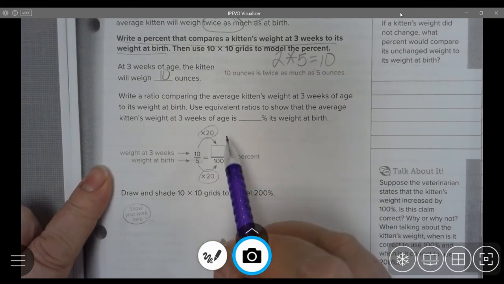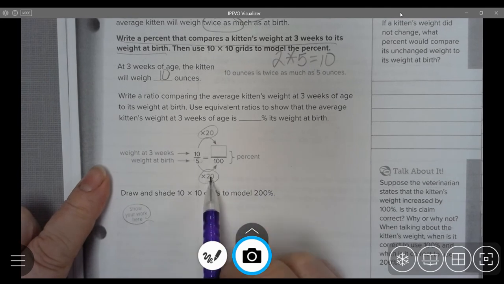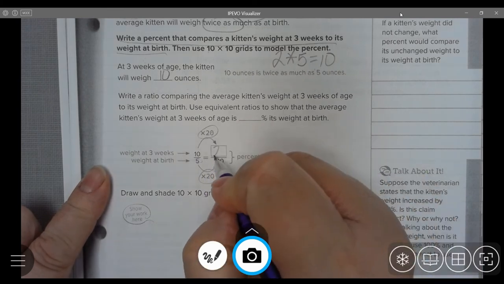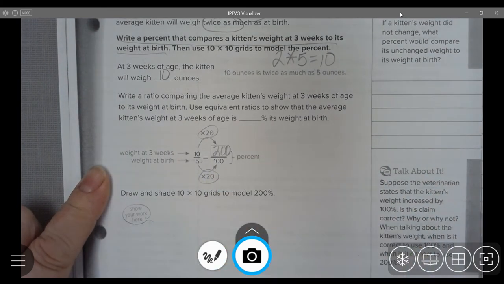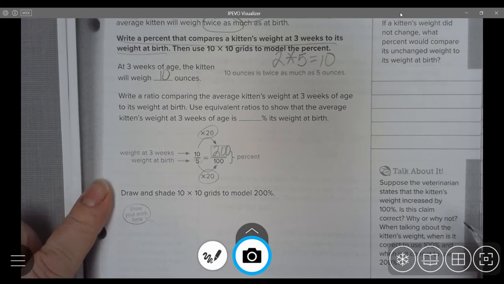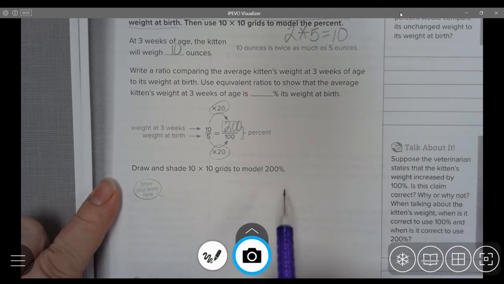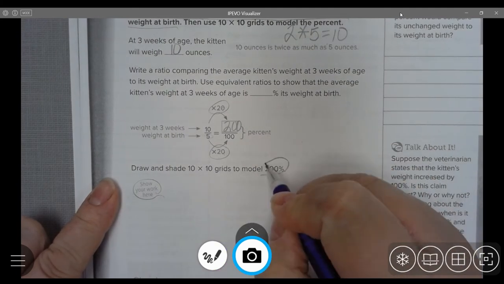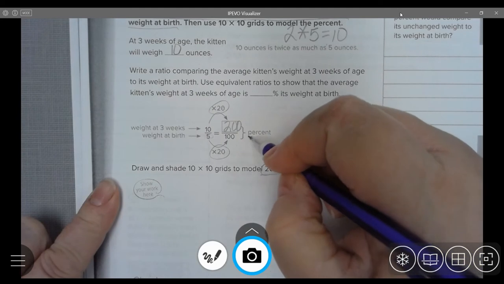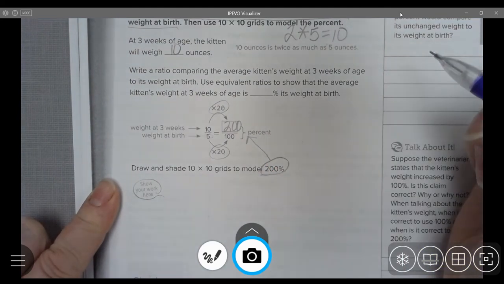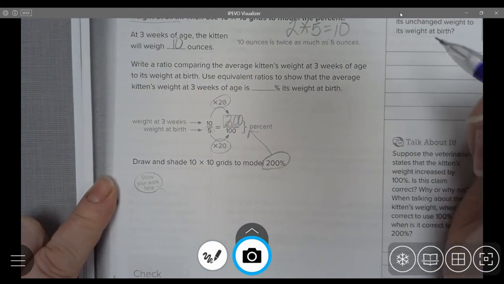So we always want to compare to 100. So to create an equivalent ratio, we need to take 10 and multiply it by 20. If we multiply it by 20, we would have 200 over 100. So draw and shade 10 by 10 grids to model 200%. So 200% is the same as 200 over 100.